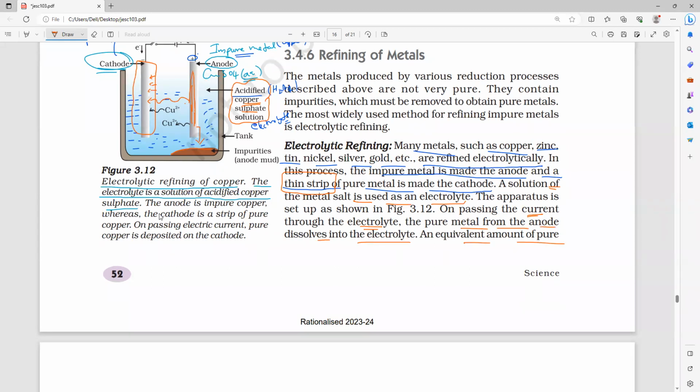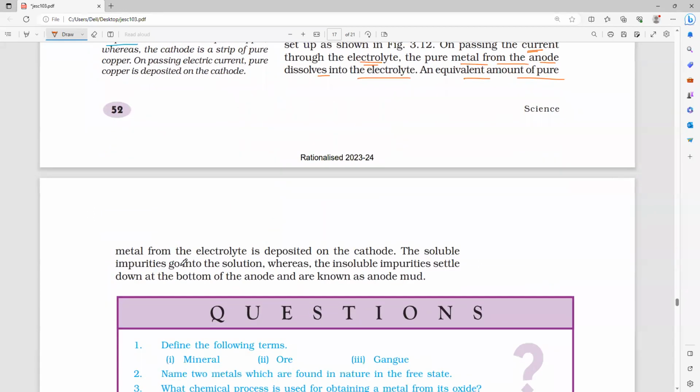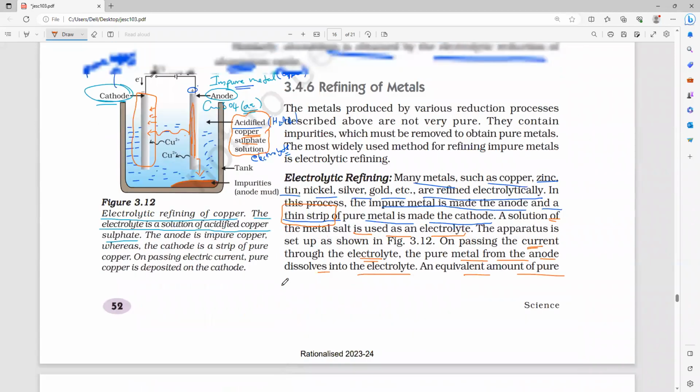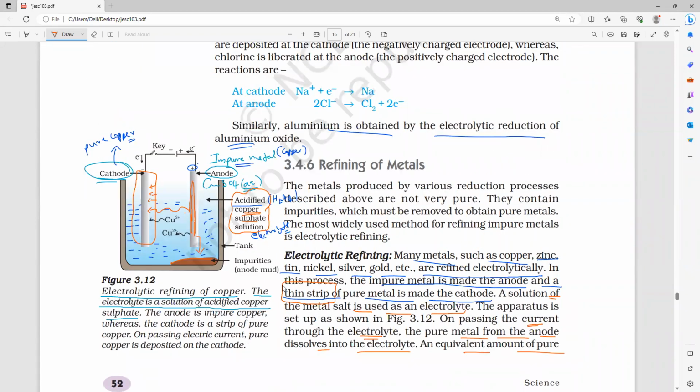An equivalent amount of pure metal from the electrolyte is deposited on the cathode. So the soluble impurities go into the solution, whereas the insoluble impurities settle down at the bottom of the anode. What is that called? Insoluble impurities we call anode mud.